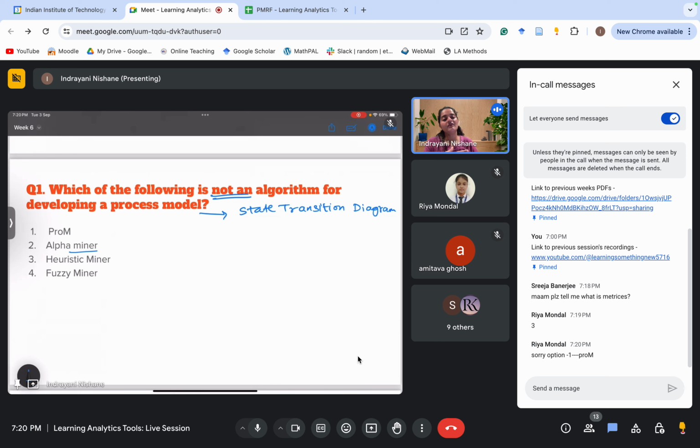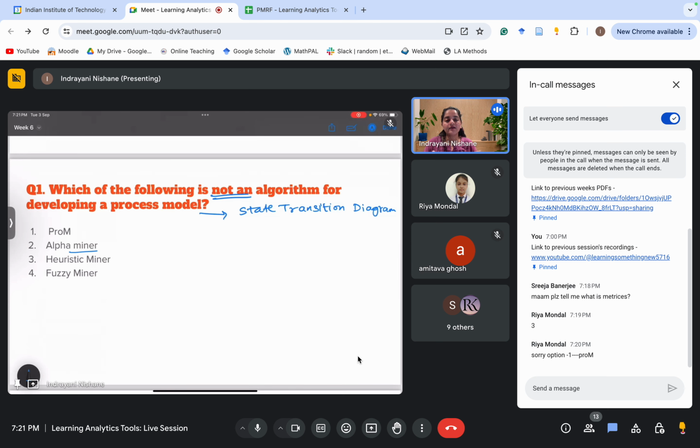So when we are combining log data for entire group, if group has 30 students, if group has 50 students, then we are considering log data of all the 50 students. Out of that 50 students, even if an action has occurred only once or only twice, all these algorithms will have different ways to retain and to represent that state transition diagram.